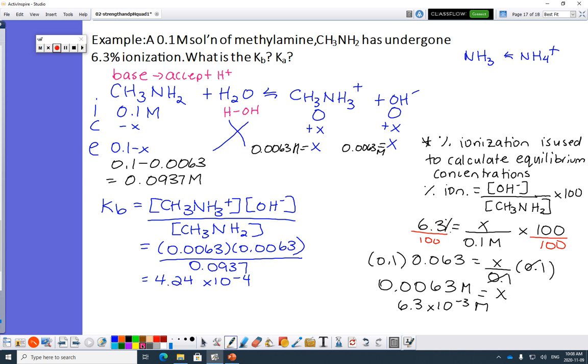Okay, and then it does say to do Ka. I just want to show you that. So again, that's this one where you would be given the formula, given Kw, you just have to plug in your value.